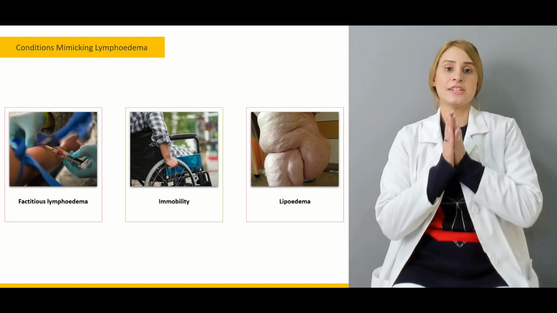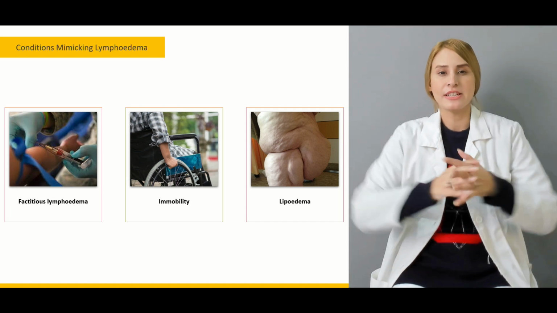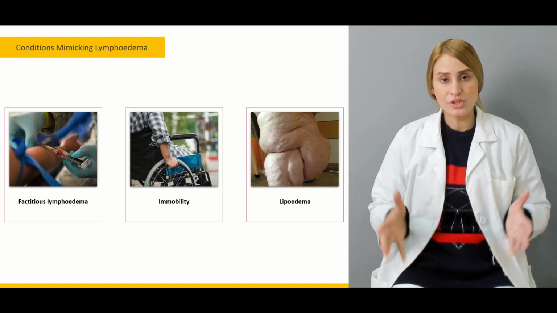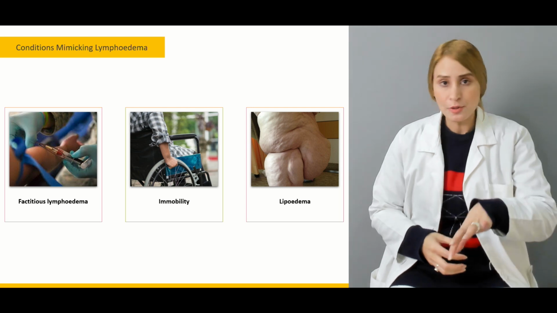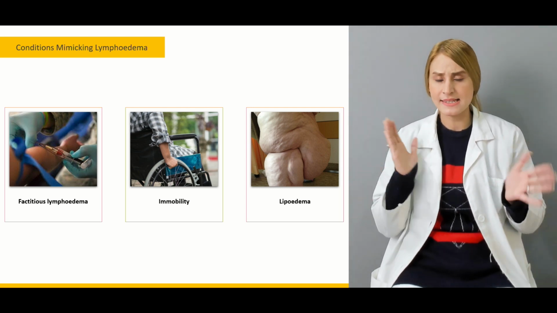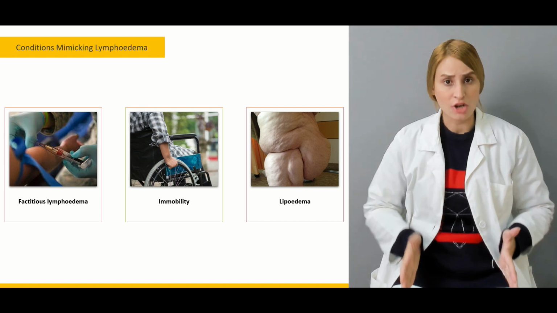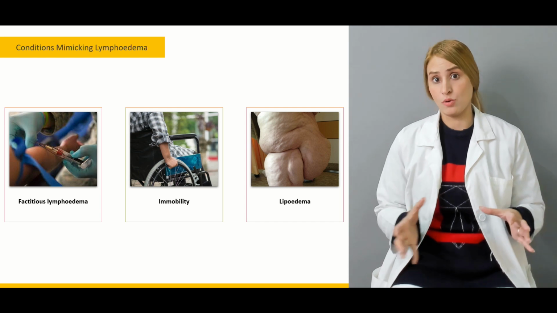There's another condition, which is lipoedema. Lipoedema is actually the excessive deposition of fat in different parts of the body. It usually involves the trunk, the thighs, and sometimes the lower limbs as well.